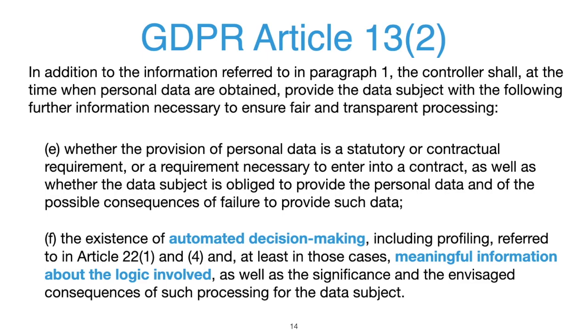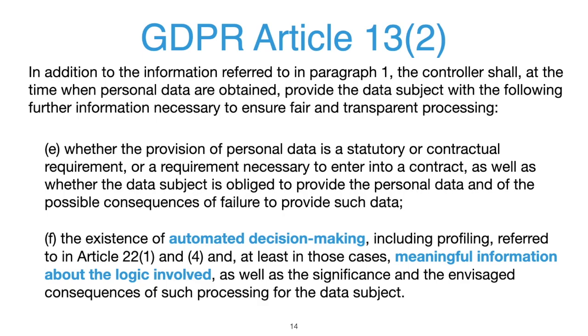Article 13.2f deals with automated decision making, and that's something we will discuss a little bit later. But if there is going to be automated decision making based on the data that the data subject is providing, the data subject must be made aware of this in advance. And some information, meaningful information, about the logic involved must also be provided, as well as the significance and the envisaged consequences of such processing for the data subject.